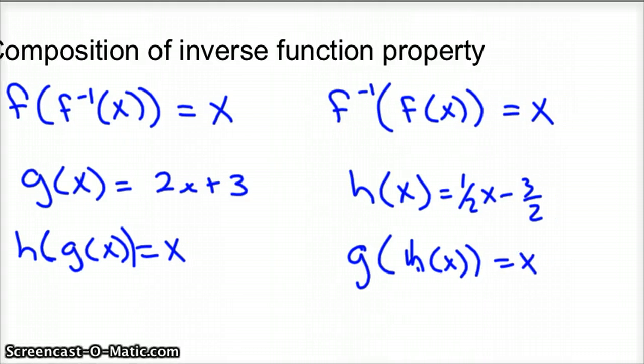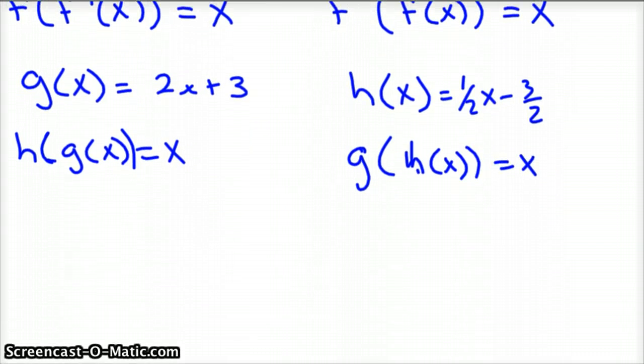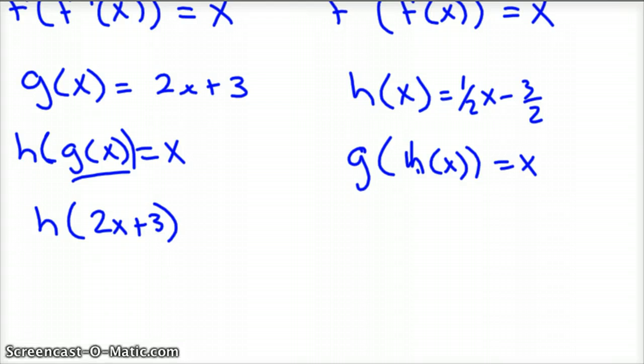Well, I've already determined that, but we'll show you how you can do this symbolically as well. To compose this, you start with g. So this would be h at 2x plus 3. That goes in place of the g right here. And then you take the 2x plus 3 and plug it into the h function.